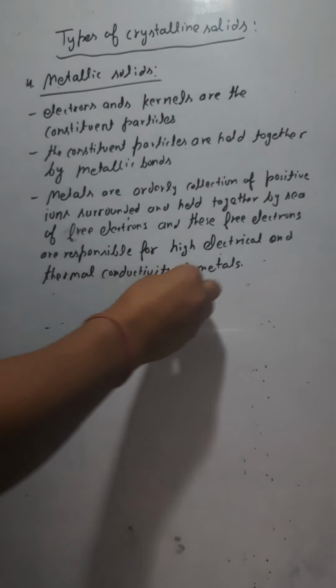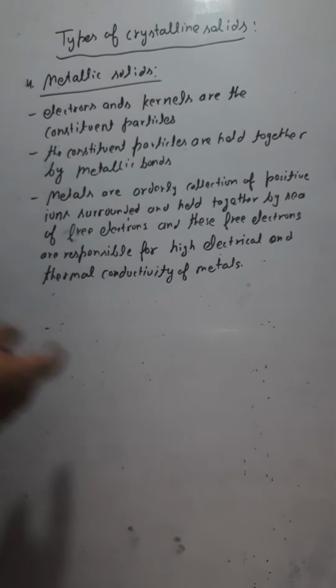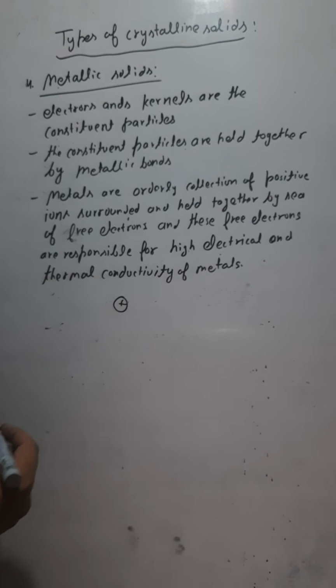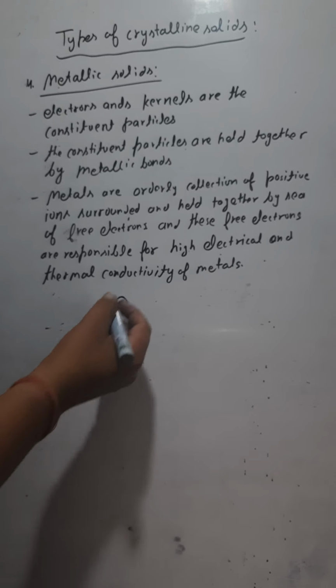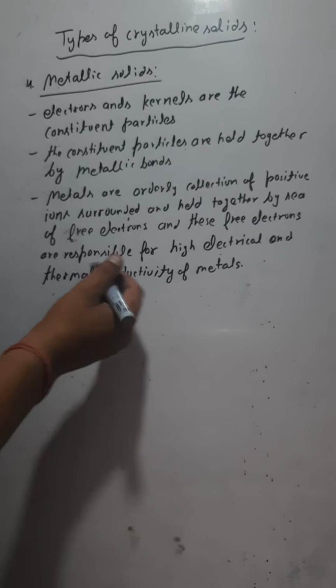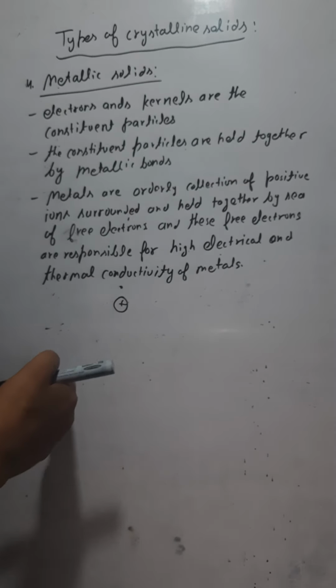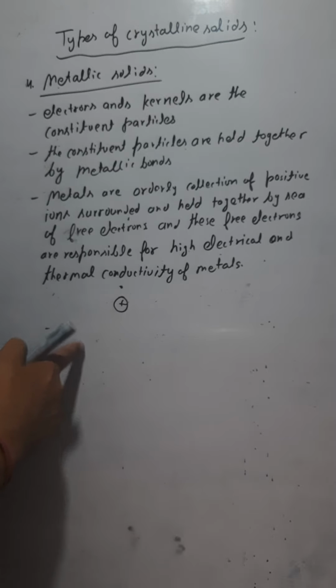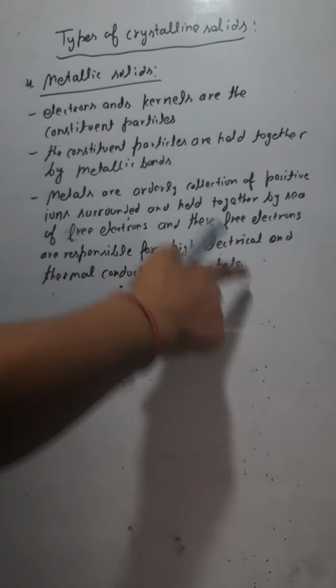In a metal atom, you have a positively charged nucleus surrounded by electrons, and similarly all the atoms are there. So we can say that metals are an orderly collection of positive ions surrounded by a sea of electrons.